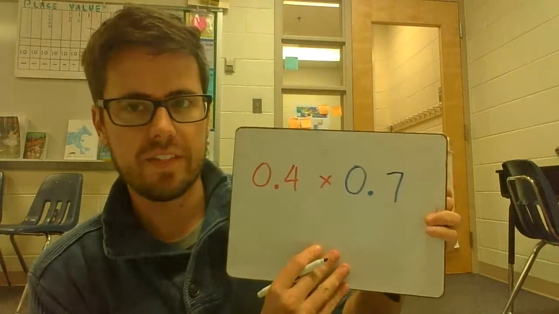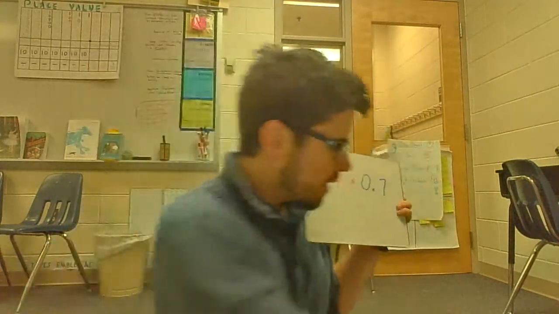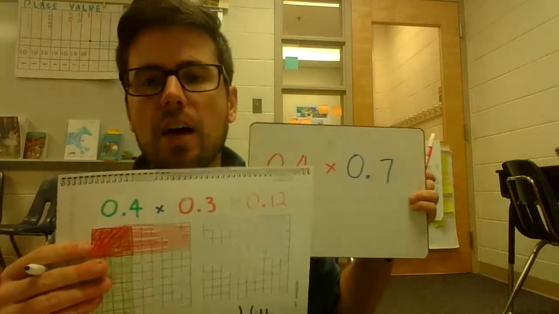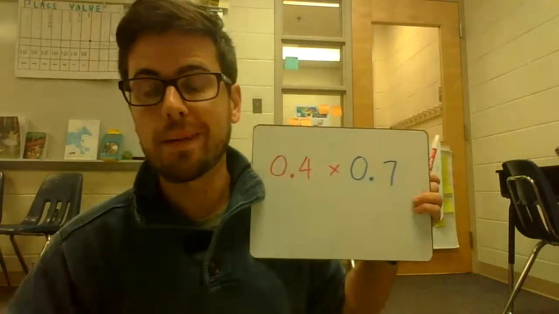The problem that you can work on will be 4/10 times 7/10. Go ahead and pause the video, use your paper, and see if you can model what that looks like. I'll show you what my model looks like in just a moment.